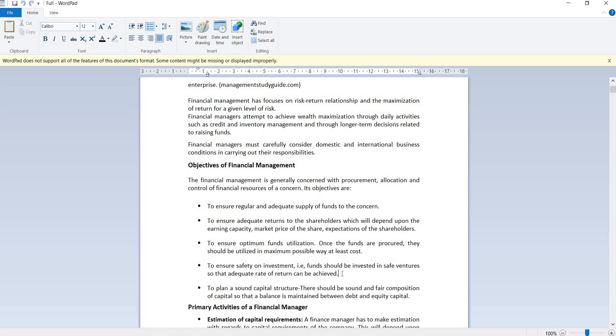Next, to plan a sound capital structure. There should be a sound and fair composition of capital so that the balance is maintained between debt and equity capital. So, imagine if your company, 80% nun is utang, 20% nun is capital.